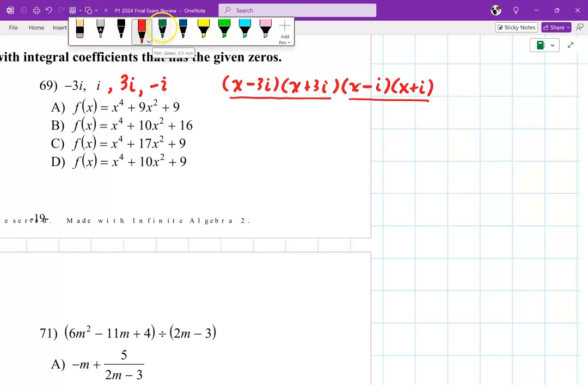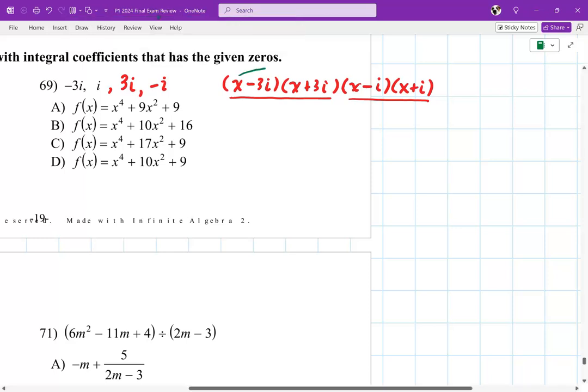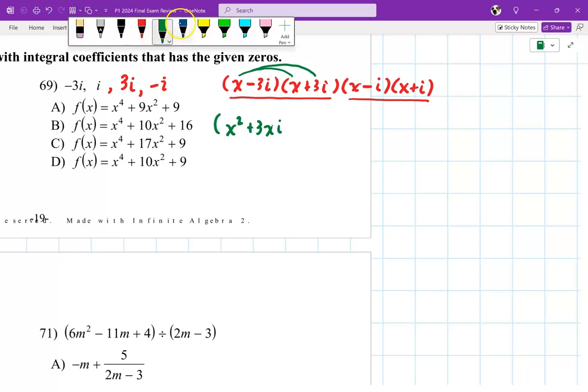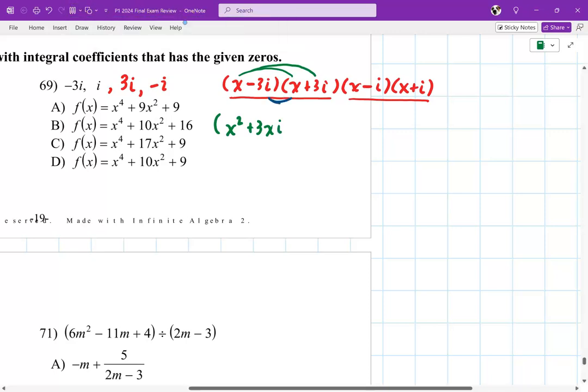I'll multiply that first. So I get x squared plus 3xi. And then we'll do the other ones here. So that's negative 3xi minus 9i squared.